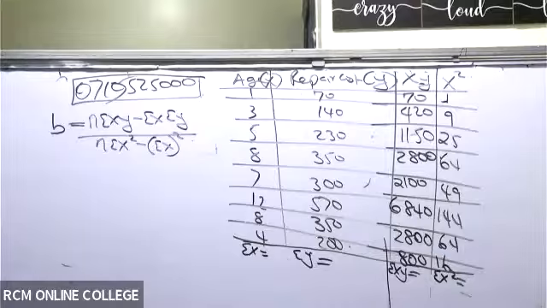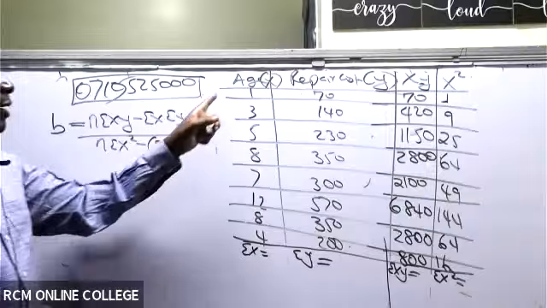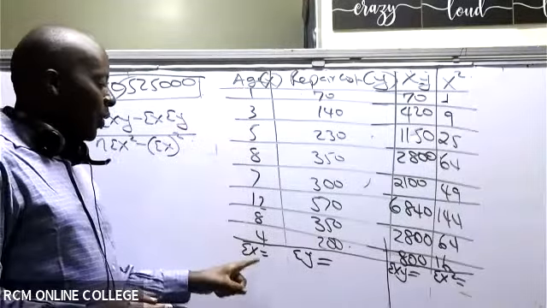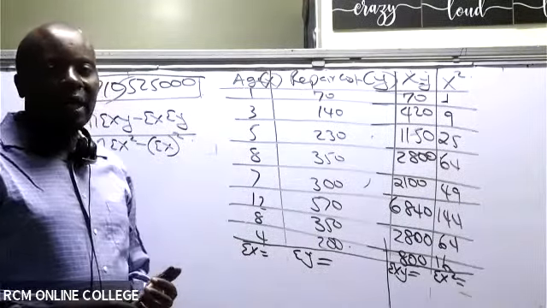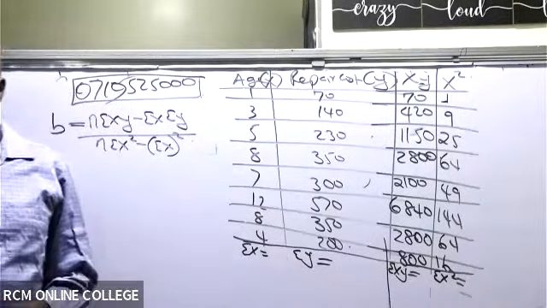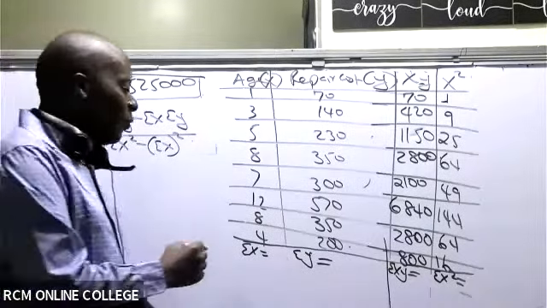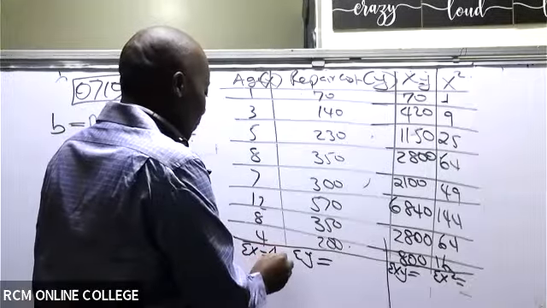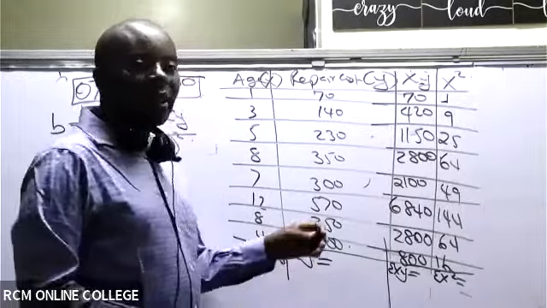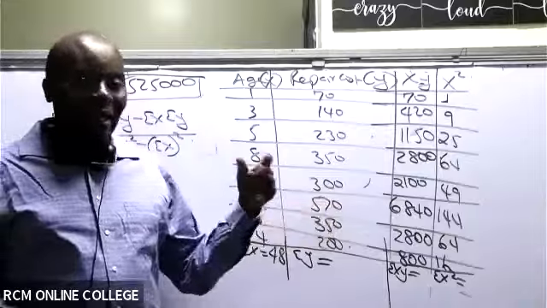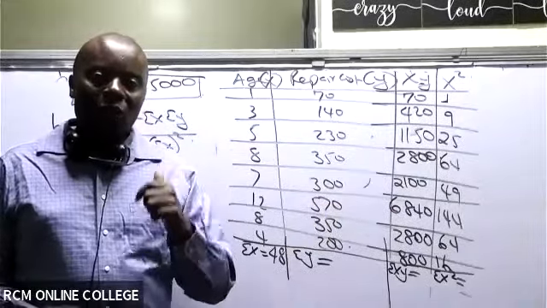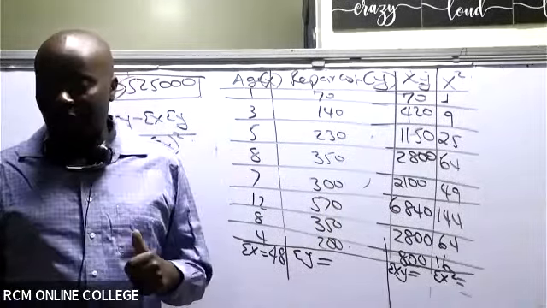Can somebody tell me what we are getting for summation of x? From Kevin, thank you very much, we are getting 48 for summation of x. Remember, there is a shortcut of getting these numbers directly using your calculators. I'll show you the shortcut as well.